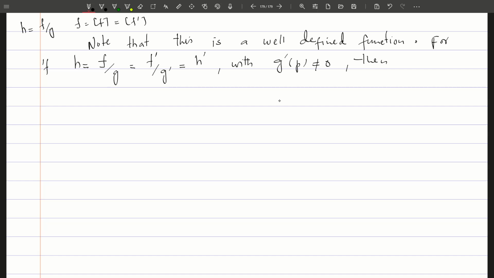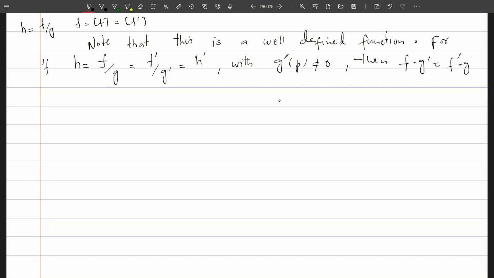Now one can note that two elements are equal in the quotient field if and only if f g prime is the same as f prime g. So f times g prime is the same as f prime times g.